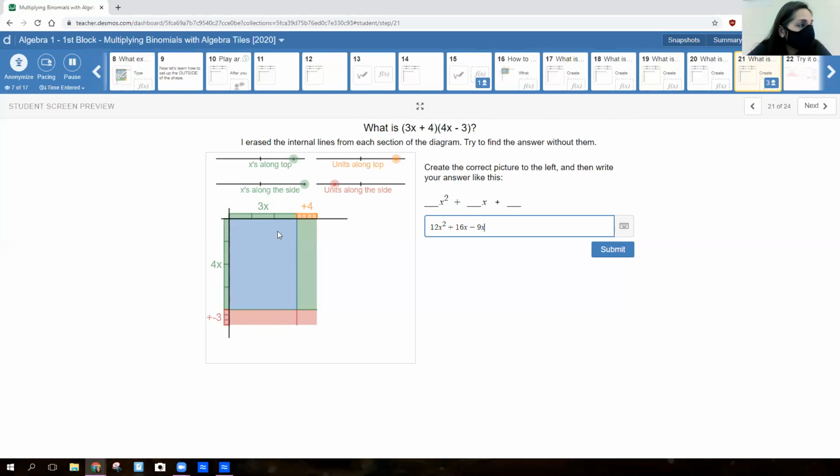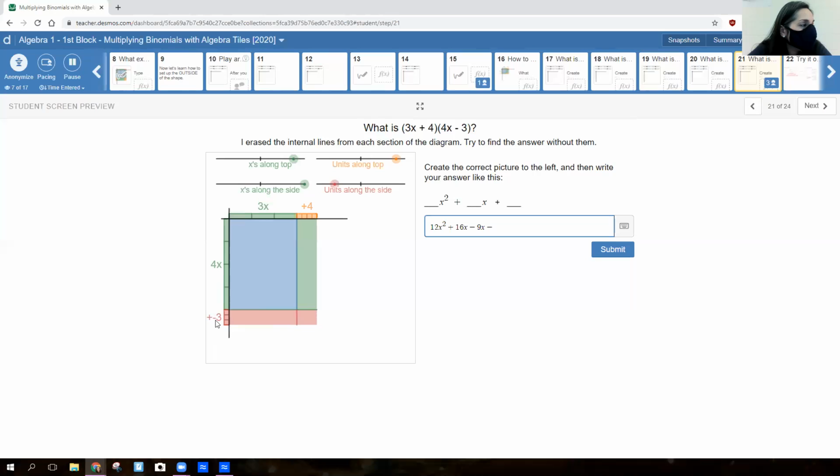So we've done the blue so far, that's 12x squared. This part right here was the plus 16x. The red was minus 9x. And then since this is red down here, that's another minus. What would this be?